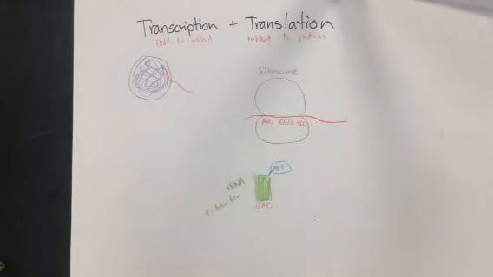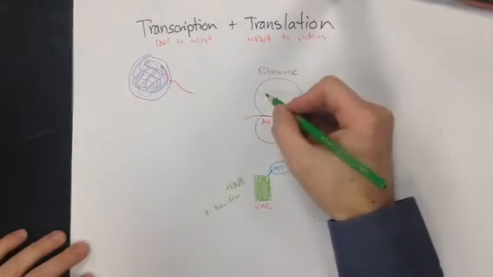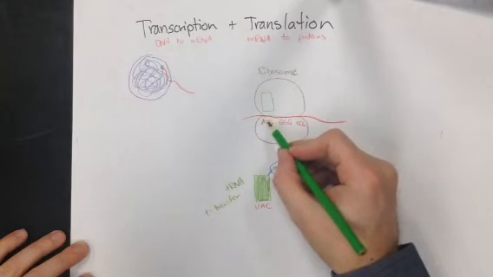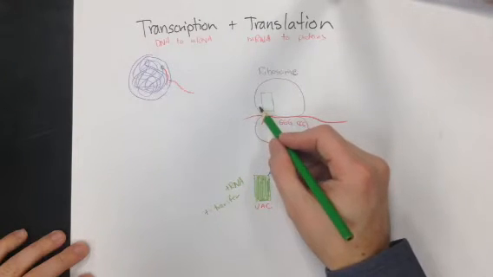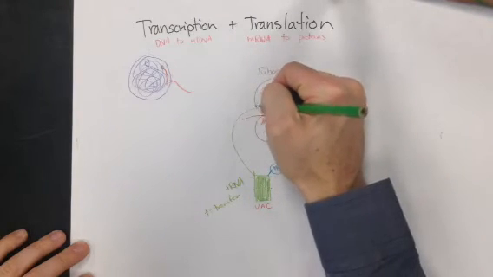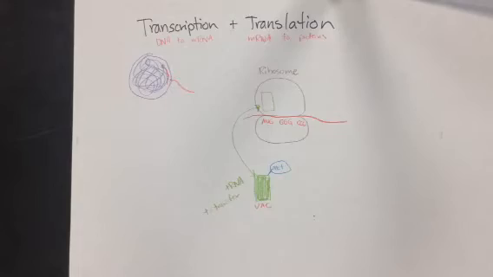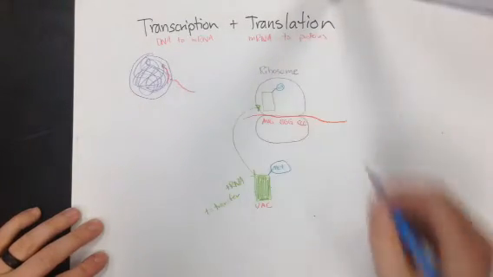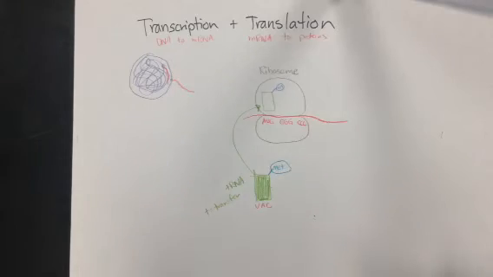What transfer RNA does is it will start here. It will read this codon, go and get methionine, and then bring it back to the ribosome. There, it will drop off MET, or whatever amino acid is needed.